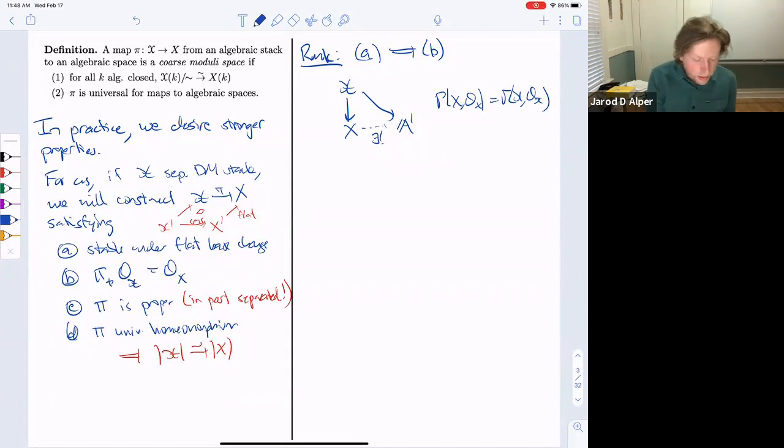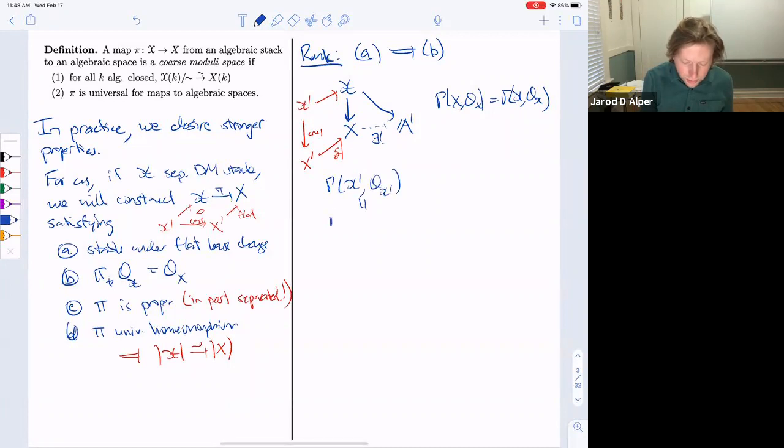But that's not enough to conclude that the push forward of the structure sheaf is equal to the structure sheaf. You need to know that if you take an étale base change, because this is also a coarse moduli space, we get that the global sections of X prime of OX prime equals, by definition, the global sections of X prime of the push forward of OX.